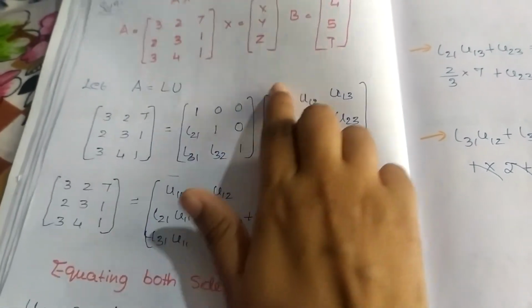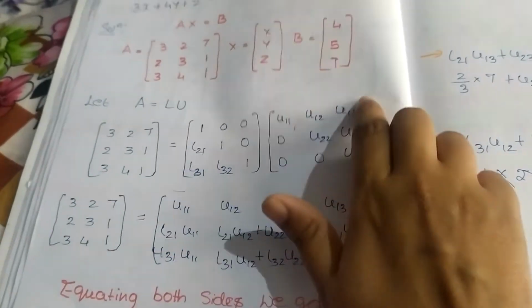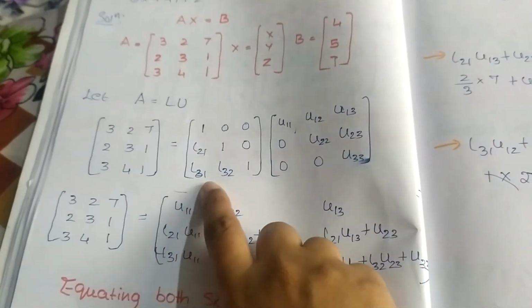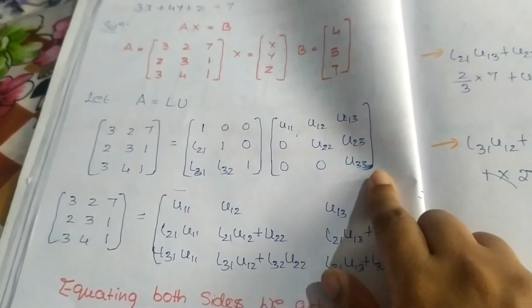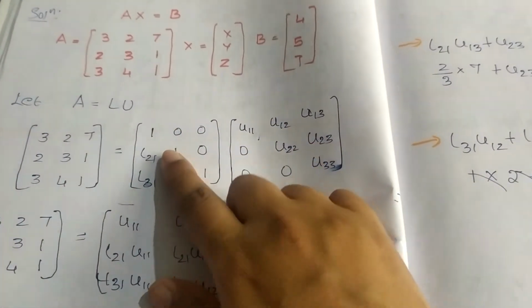Similarly, second row with first column, second row with second column, second row with third column. Similarly, third row with first column, third row with second column, and third row with third column. This is how multiplication is done.